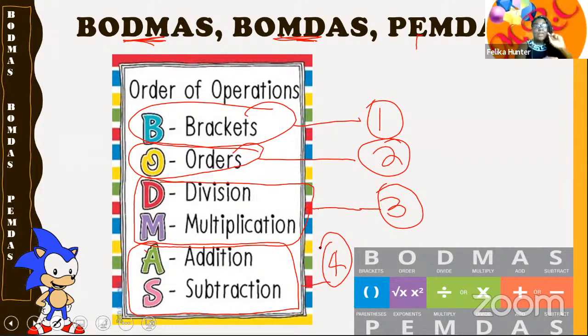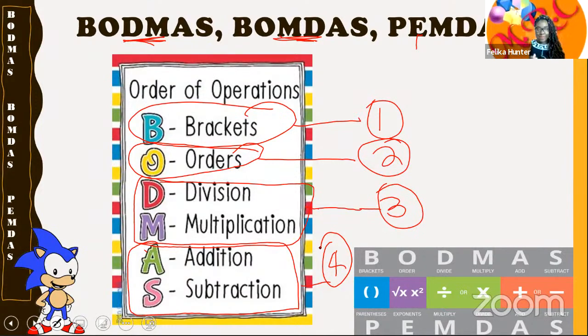Number 3, division or multiplication, whichever one comes first. There's no rule to say you divide before you multiply. You're going to divide or multiply whichever one comes first. And in fourth position, we have addition or subtraction, whichever one comes first in the question that you're doing. Sounds technical? Not technical.